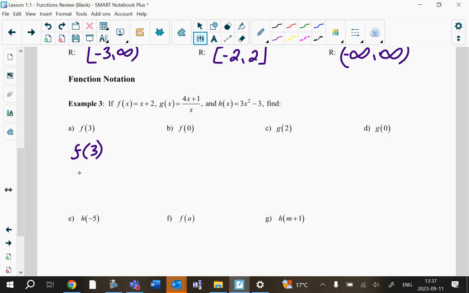So every time I see an x, I replace it with 3. So instead of x, I write 3 plus 2. And what does that simplify to? 5. So what that means is if in this function you plug in 3, out comes 5 because you add 2.